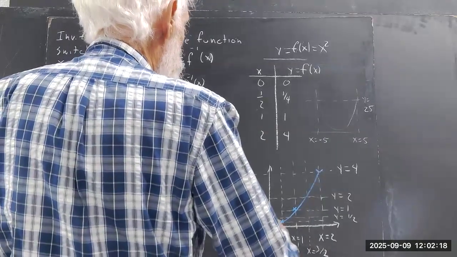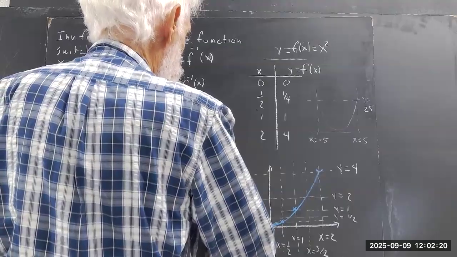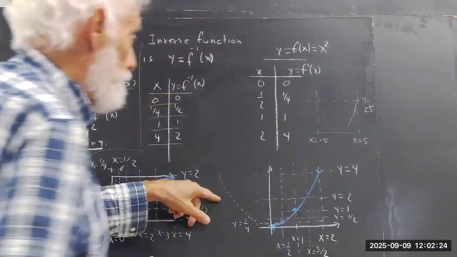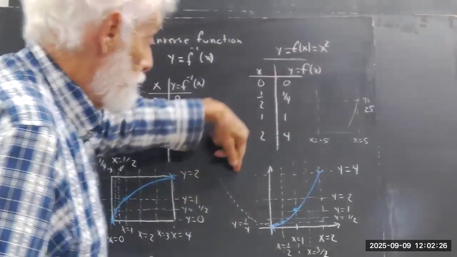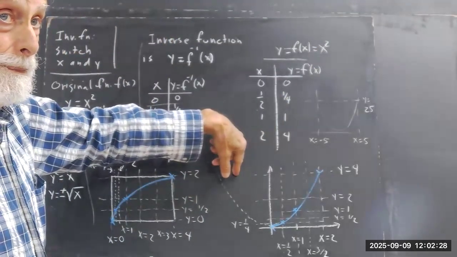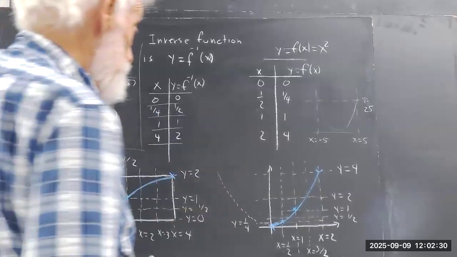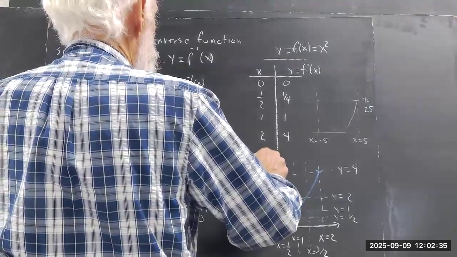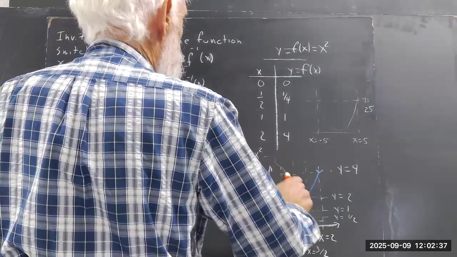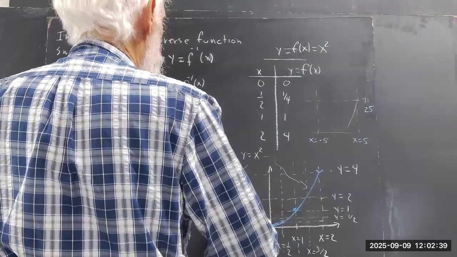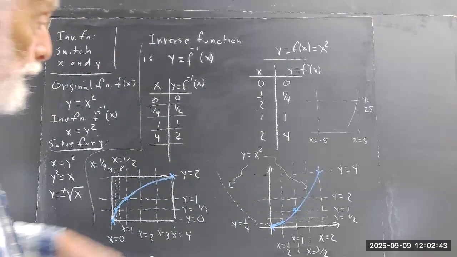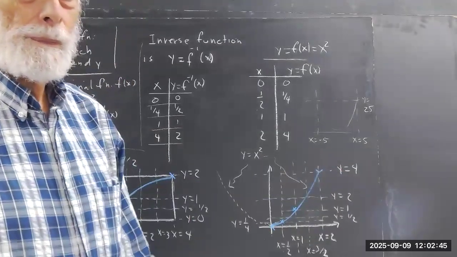If you complete this thing, this is part of the parabola, y equals x squared, right? So the y equals x squared graph includes this part and this part. But I only asked you to graph this part.